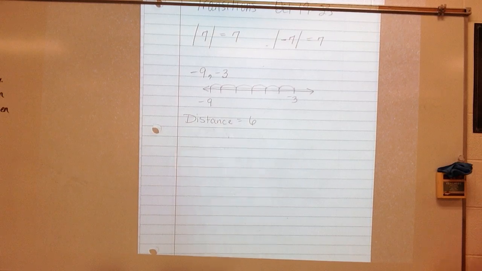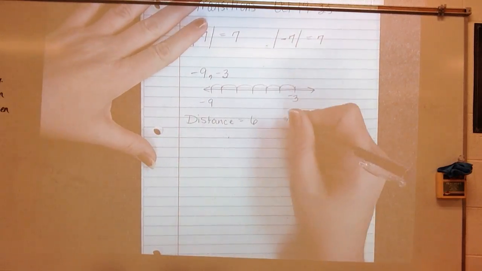What I would like for you to do is, I don't think you want to spend time drawing number lines for every one of these, so you need to figure out how to use absolute distance. Let's calculate the absolute distance. I would take the difference.